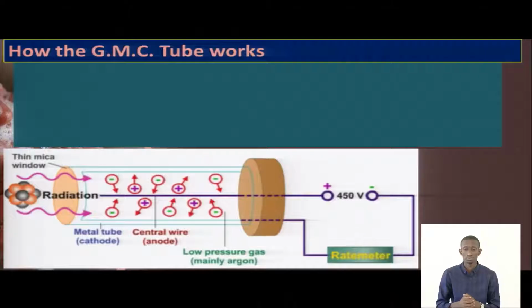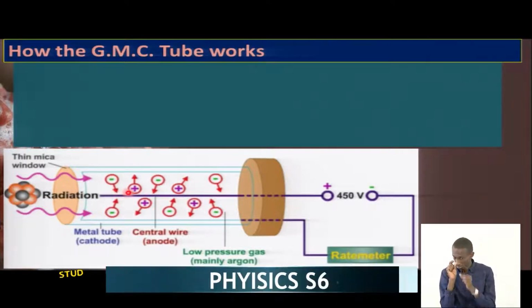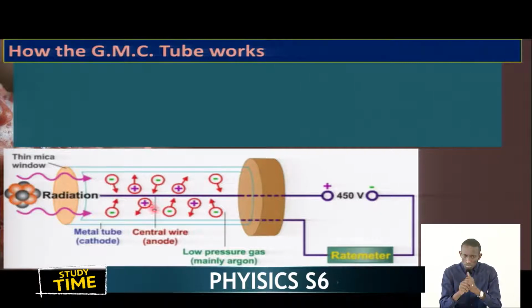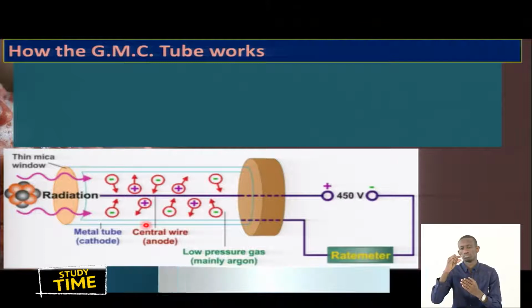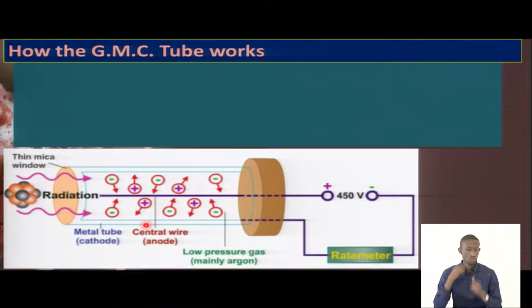The diagram that we have is showing how the radiation will enter through the window, through this thin window. And then when it enters, it is going to ionize the gas that is inside there. I hope you are following.